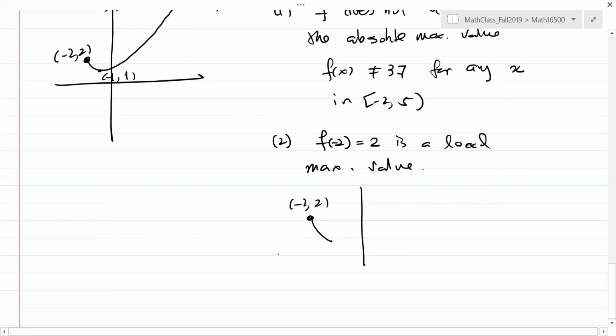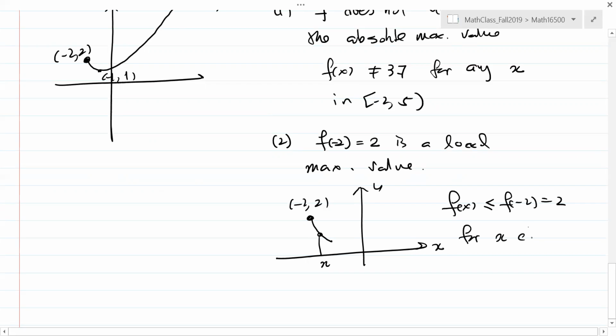Here's an arbitrary x, and clearly f of x is less than or equal to f of -2, which is 2, for x close to -2. Yeah, it's below that. Clear, right? So that's why 2 is the local maximum value of the function.